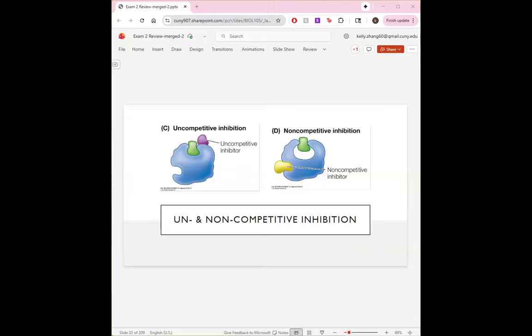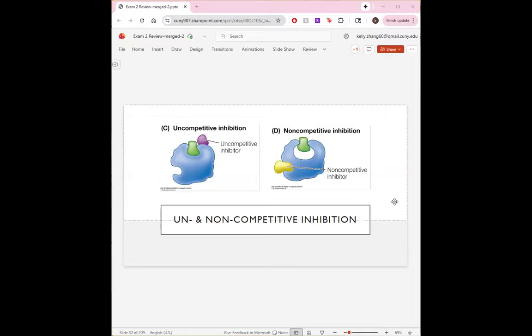And then there's uncompetitive inhibition: uncompetitive inhibitors bind only to the enzyme substrate complex. The difference is that non-competitive inhibitors can bind to both the free enzyme and the enzyme substrate complex.